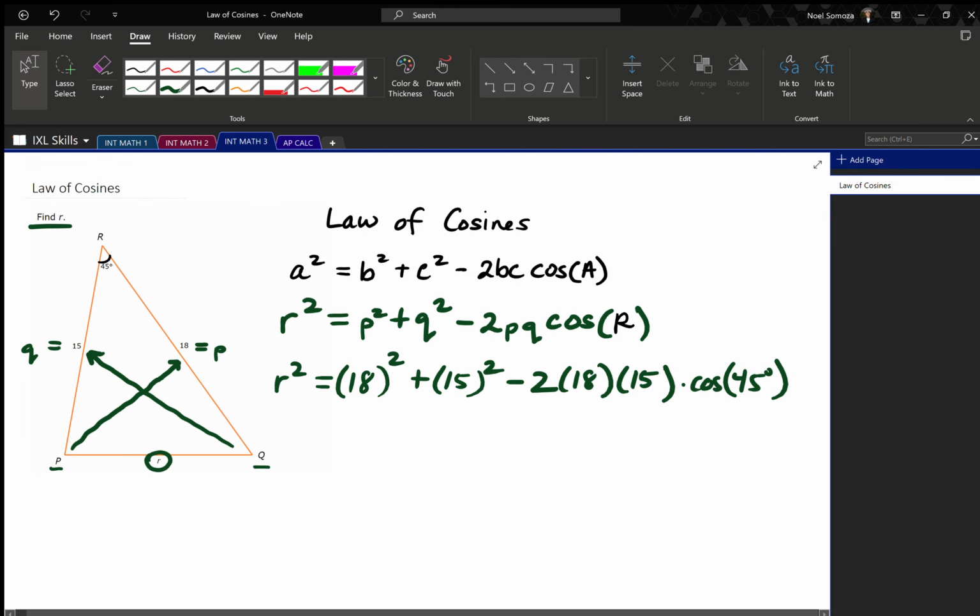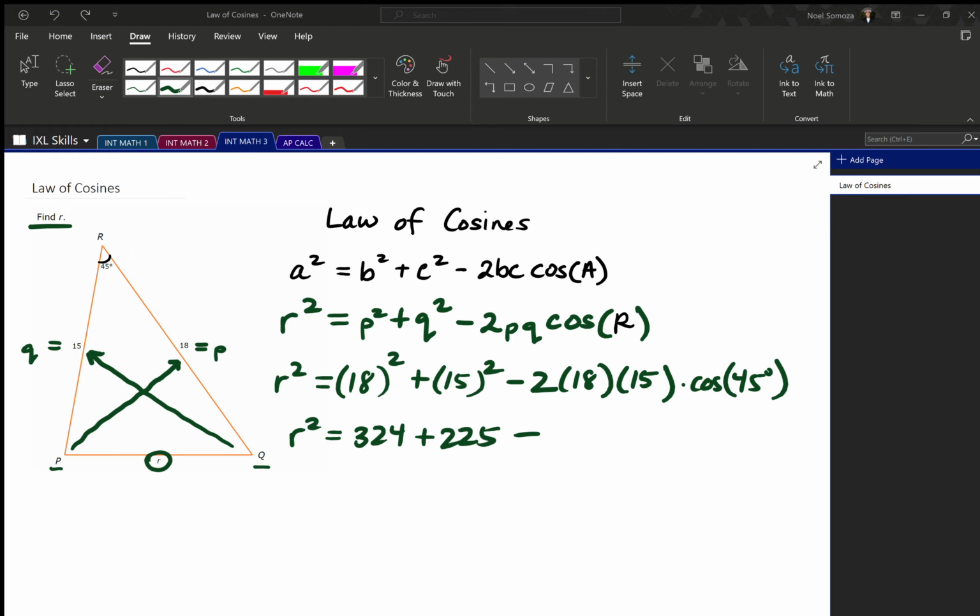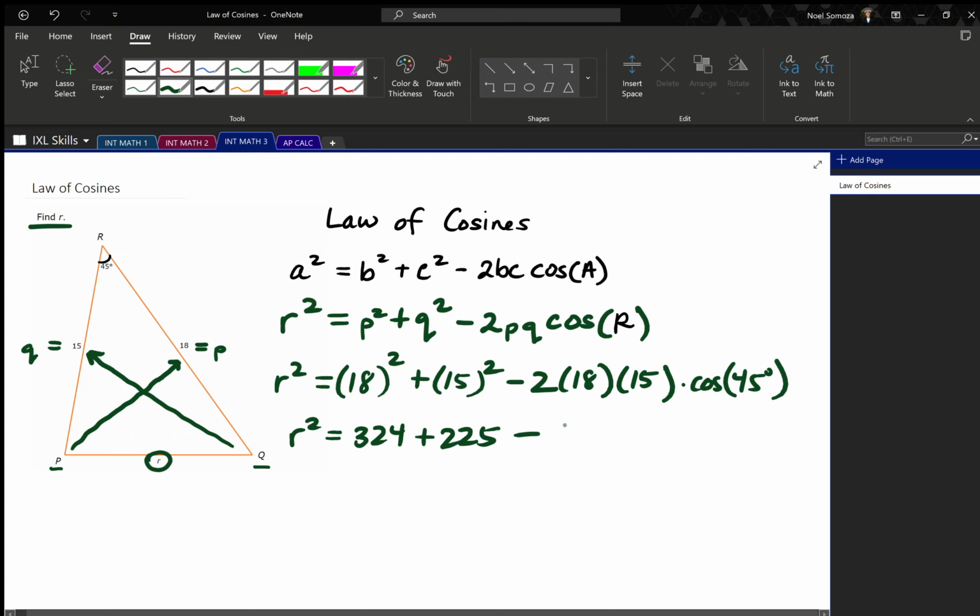Because sometimes it's set to radian mode, and that will generate a different solution. So you want to be in degree mode on your calculator. Okay. So now let's clean all this up. R squared will equal 18 squared, which is 324, plus 15 squared, which is 225. Minus 2 times 18 times 15, which is 540, times the cosine of 45 degrees, which should be about 0.707.